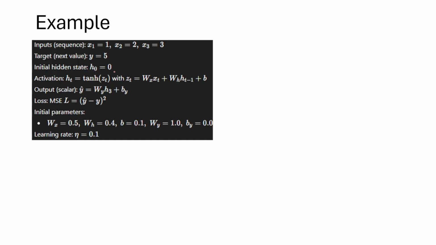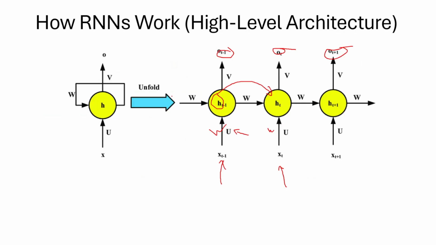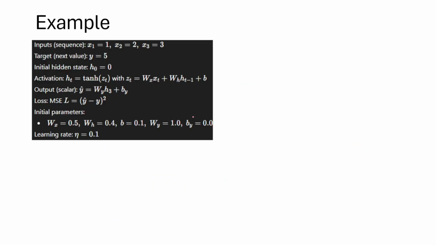This is the initial hidden state, this first one, because we don't have a previous hidden layer here. So we will use the activation tanh. We will use MSE as a loss function, with learning rate 0.1. These are the initial weights and biases.